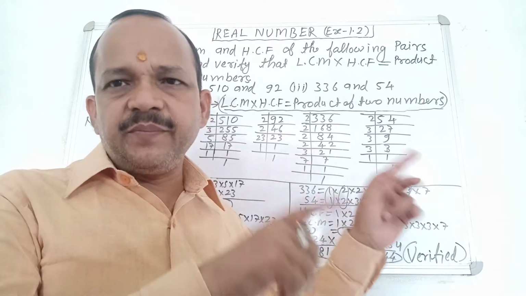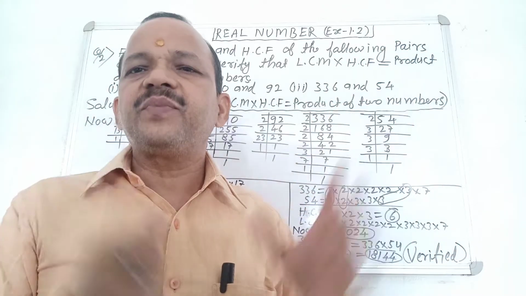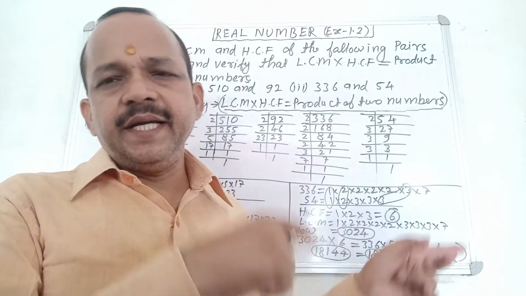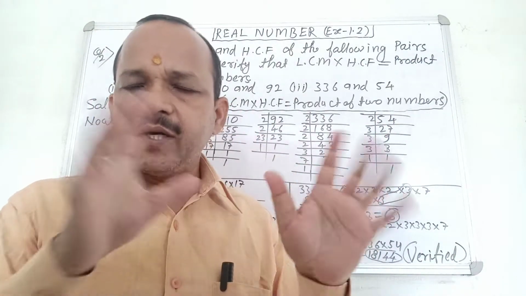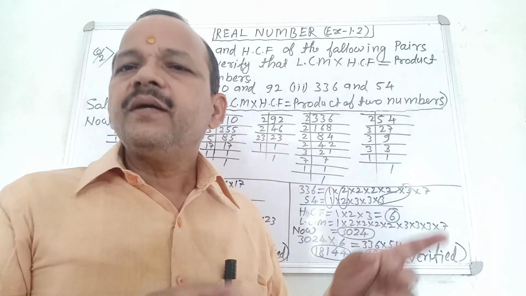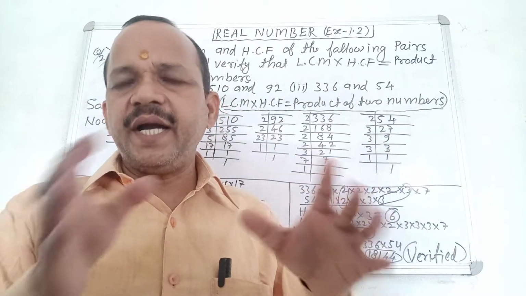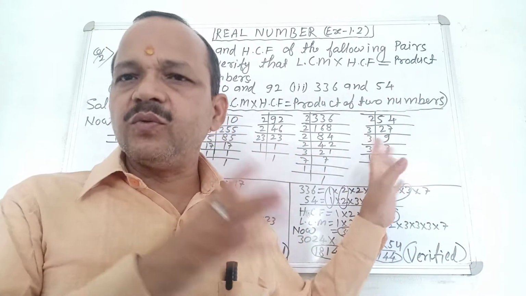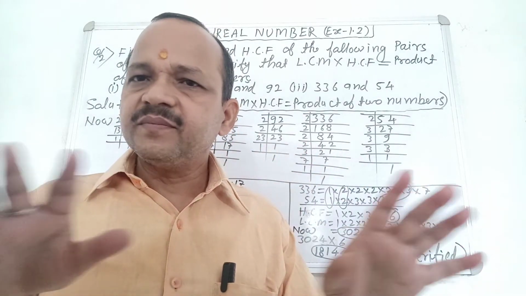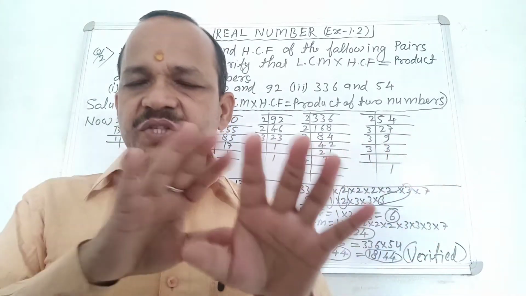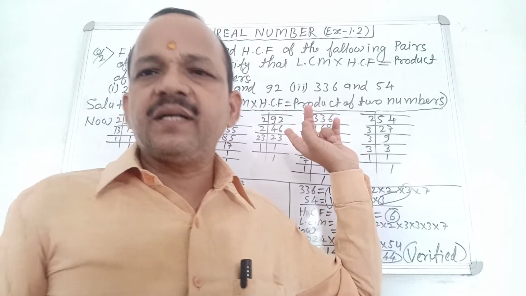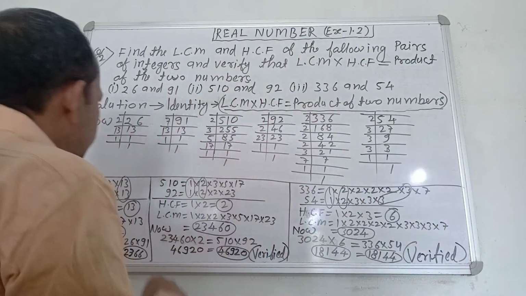Identity: LCM multiply HCF equal to product of two numbers. If right side and left side are equal, then your solution is verified. In this way you can verify your solution. Clear? No confusion. Question is clear. See the board and concentrate your mind.